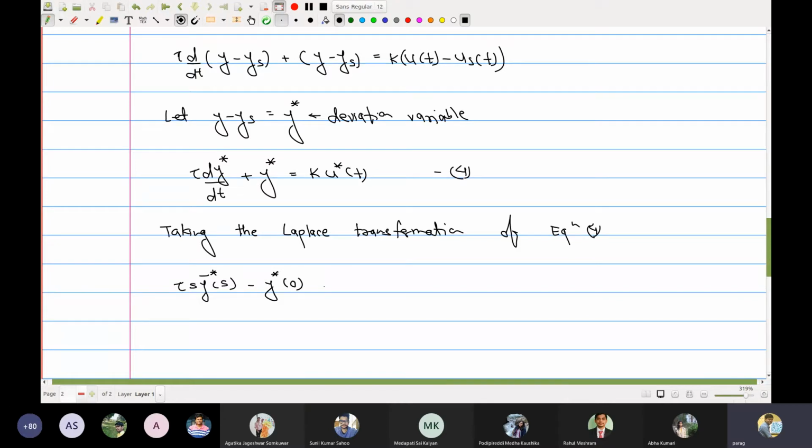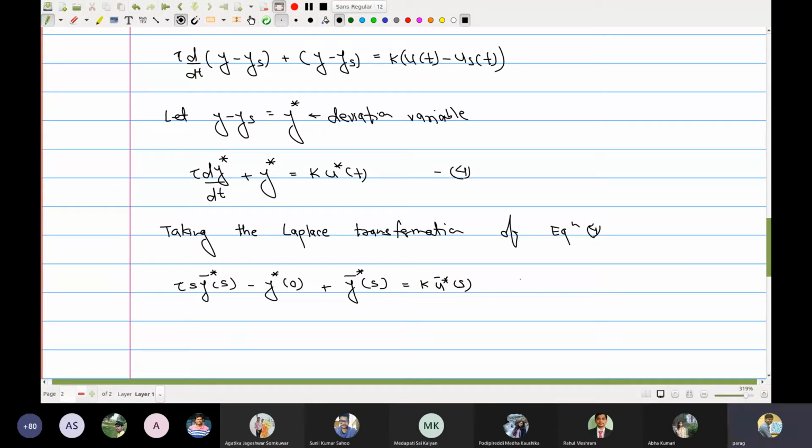So that's it. Plus y bar, which is going to be y asterisk(s), equals K u asterisk(s).